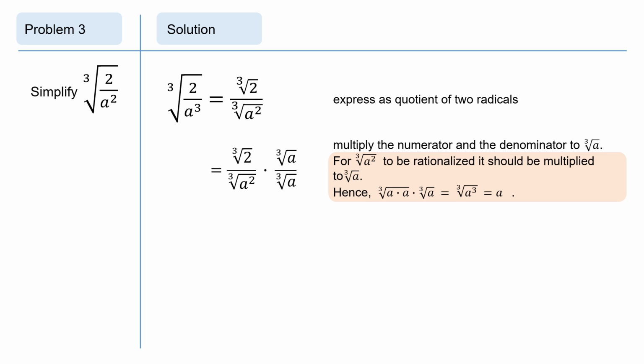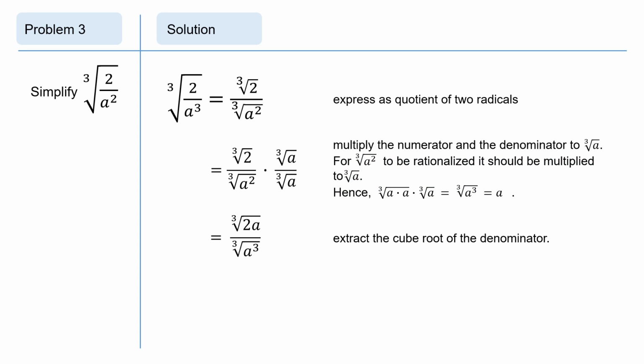Pero, pansinin nyo ito, we have a squared as radical at ang ating index ay 3. So, para maging perfect nth power ito, isang a na lang ang kailangan natin. So, saan i-multiply ang numerator at denominator? Sa cube root of a para maging perfect nth power yung denominator natin na cube root of a squared.